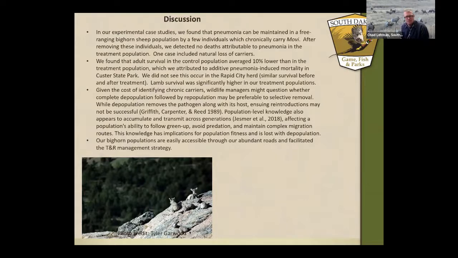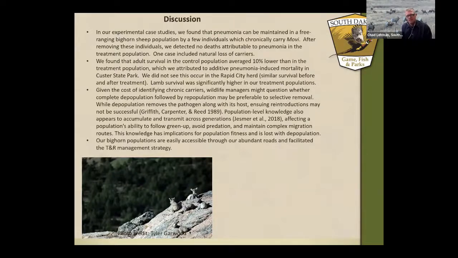Just an anecdotal side note, when we brought in Badlands sheep to supplement the Custer State Park herd, once we were cleared of it, it was interesting. We compared lamb survival between the naive ewes and the Custer State Park ewes, and there was a definite advantage for the Custer State Park ewes.